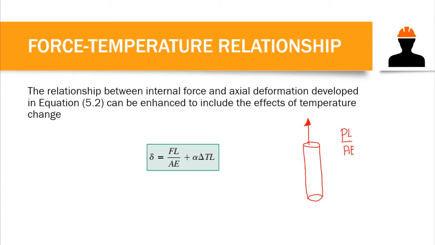However, when we have a temperature change, there would be an additional deformation due to the change in temperature. So we add the thermal coefficient, the change in temperature, times the length of our structure. This would be our total deformation.